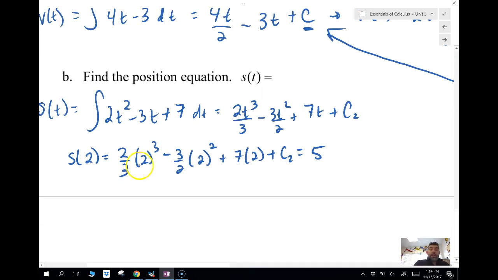We have a little bit of math to do. 8 times 2 is 16 thirds. Minus 2 times 4, the 4 cancels with that, gives me a 3, which is going to be 6. Plus 14. Plus c2 equals 5.